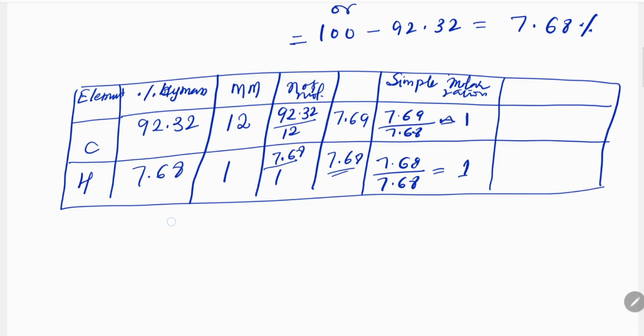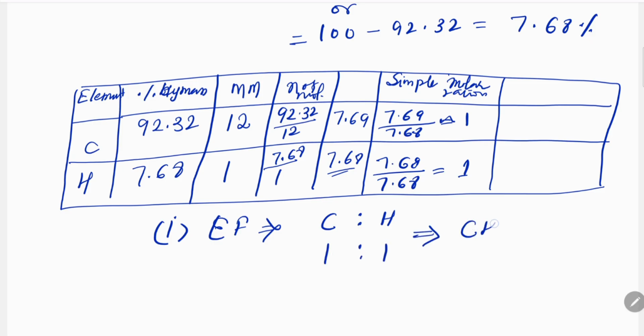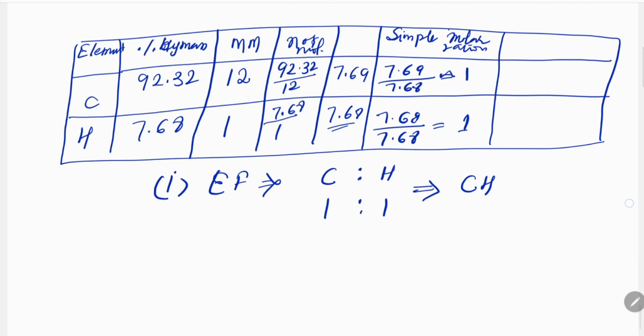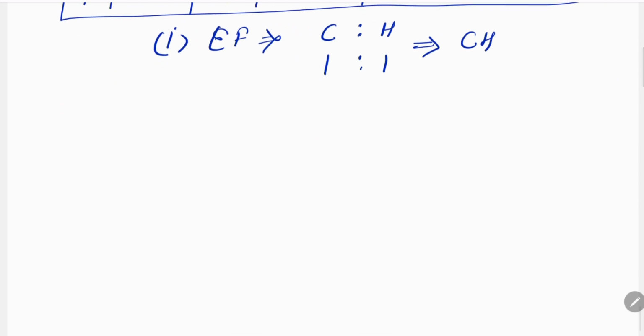That means the empirical formula is actually given as the simplest molar ratio of carbon to hydrogen, that is 1:1, and it gives us the empirical formula CH. So we know its molecular formula is going to have an equal number of carbons and hydrogens.